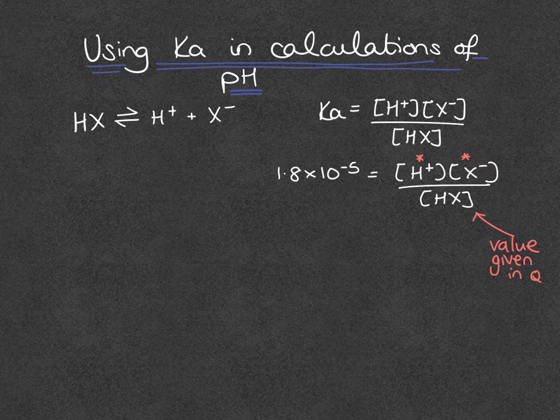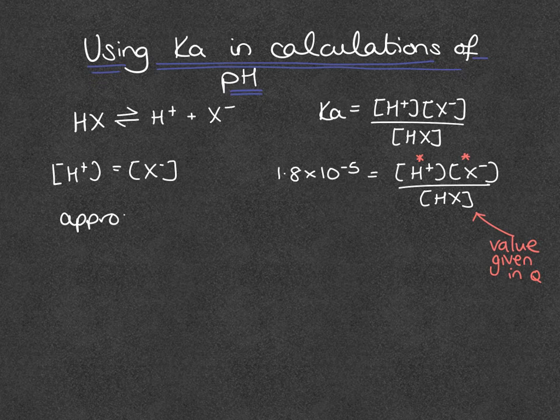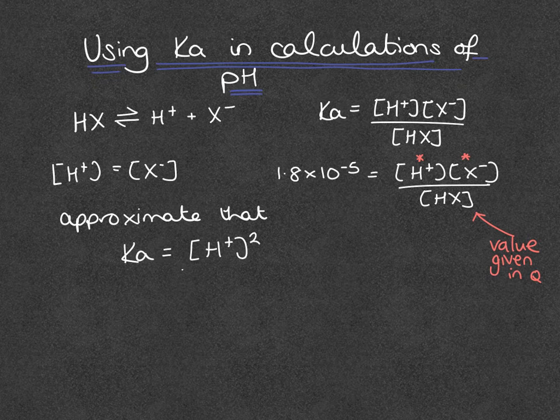So what we know here is that the concentration of H+ must equal the concentration of X-, because they basically have the same molecule that's broken in half. So we must have exactly the same amount of H+ as we have of X-. That means that we can do an approximation so that we can approximate that the Ka in this case is equivalent to the concentration of H+ squared over the concentration of HX.